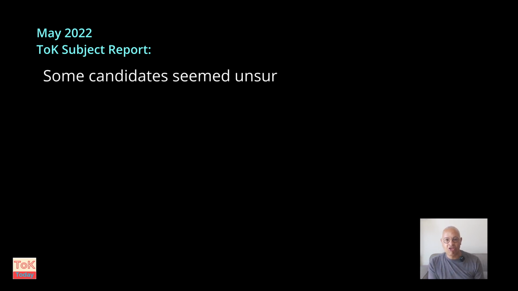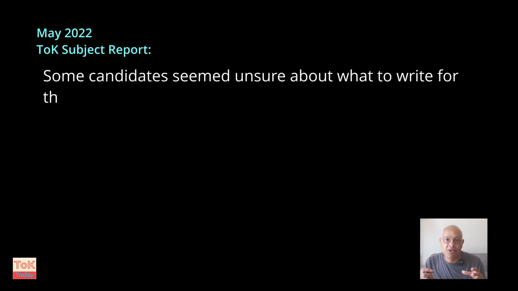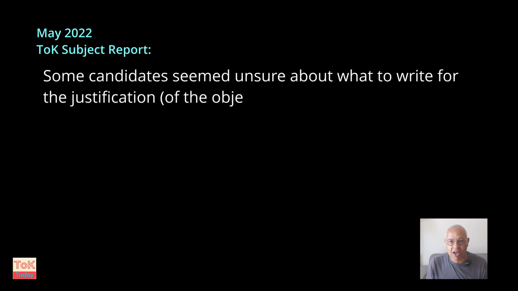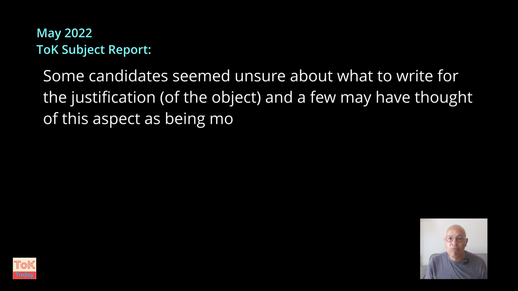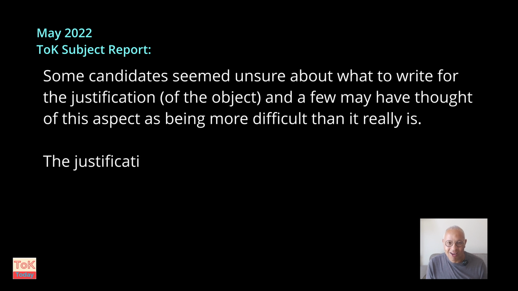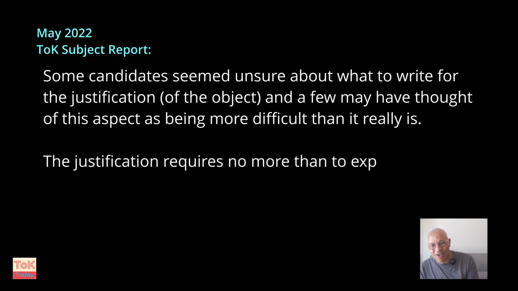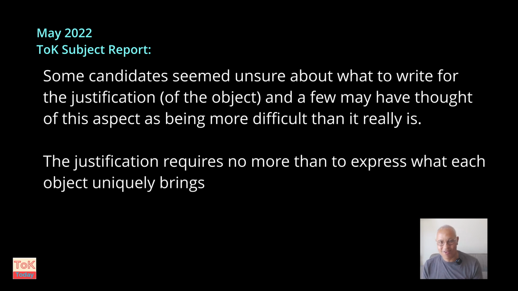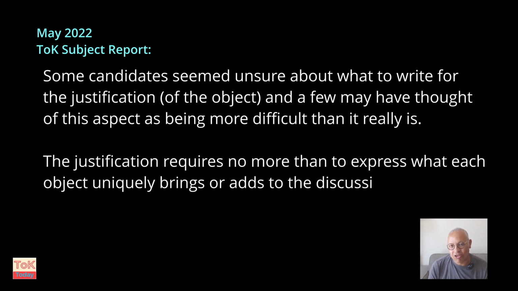The May 2022 ToK subject report says, "Some candidates seemed unsure about what to write for the justification of the object, and a few may have thought of this aspect as being more difficult than it really is. The justification requires no more than to express what each object uniquely brings or adds to the discussion.